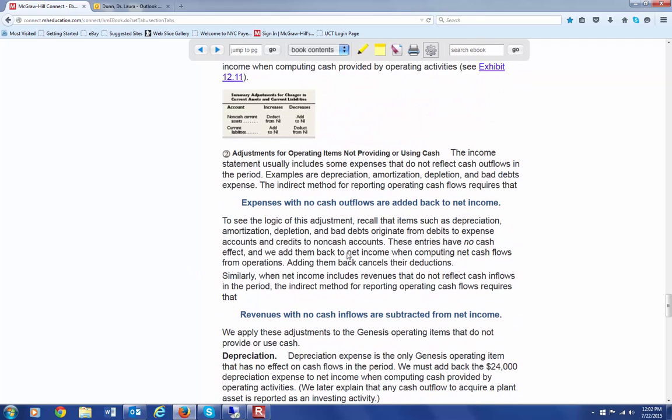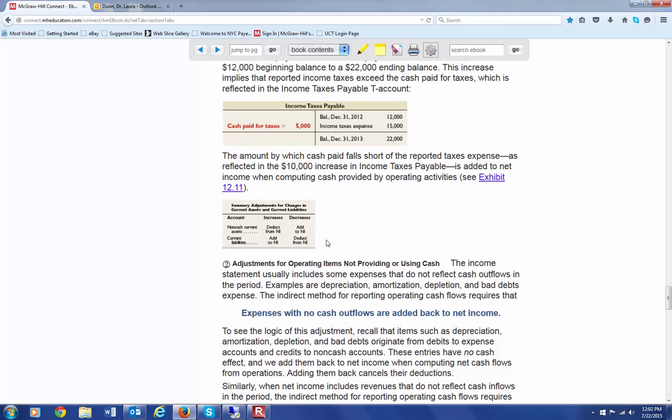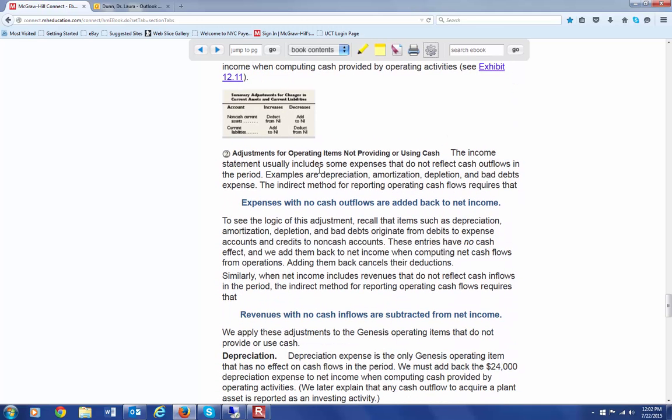Okay, then we get to adjustments for operating items not providing or using cash. So again, there's usually some expenses that don't affect the cash for the period. So expenses with no cash outflows are added back to net income. Revenues with no cash inflows are subtracted from net income. Again, just follow the information.